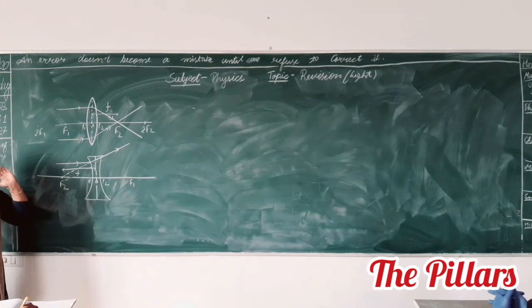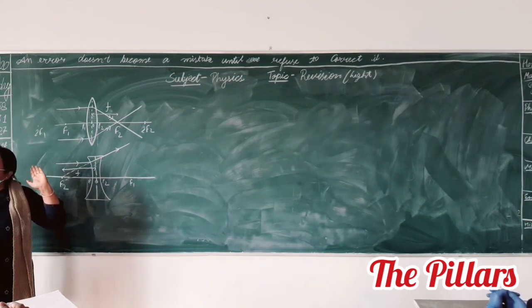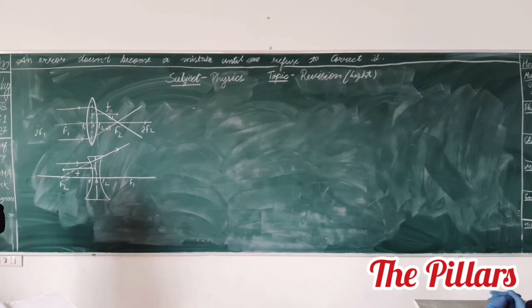Remember, all the distances when we talk about lens are measured from the optical center. If we go in the direction of light, positive. If we go against the direction of light, negative.